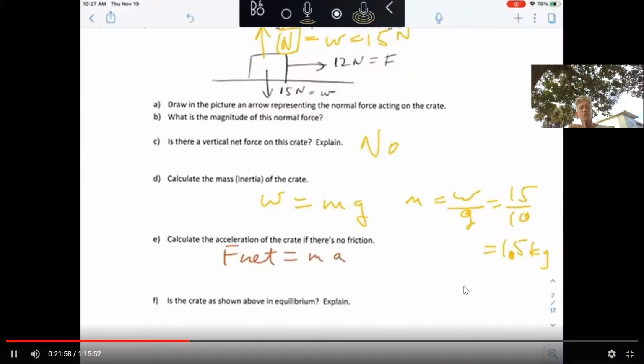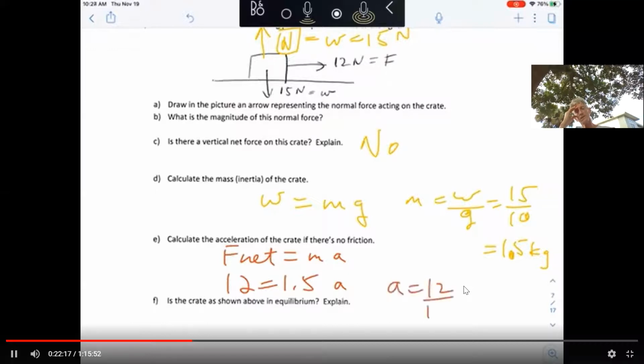It's 12 newtons to the right. The mass we just found was 1.5, and F net equals M times A using Newton's second law of motion. A equals 12 divided by 1.5, which equals 8 meters per second squared, to the right.